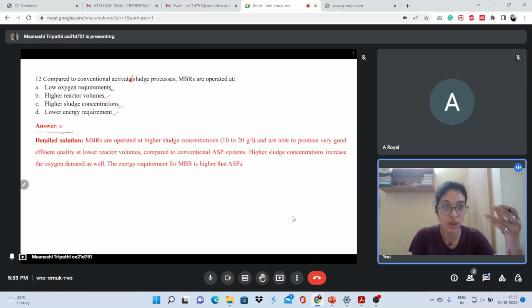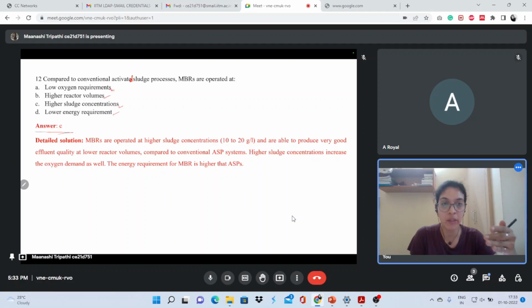Okay, we are removing a SST, secondary sedimentation tank, so the overall volume of the plant will reduce. Also the reactor volume will reduce because now the microorganism concentration in case of MBR will be 4 to 5 times more than the ASP.